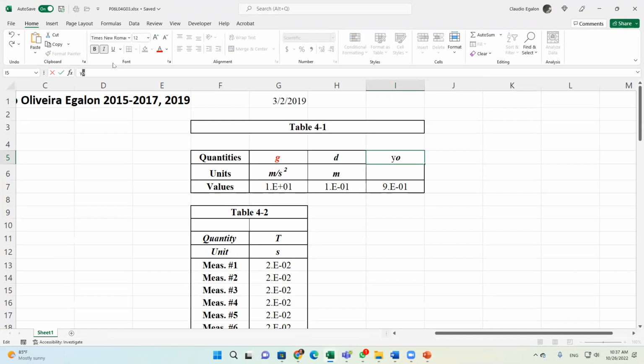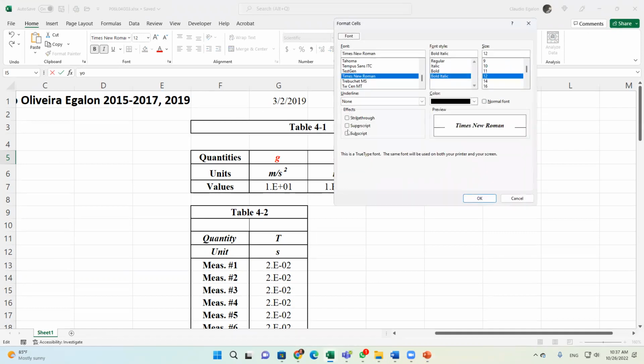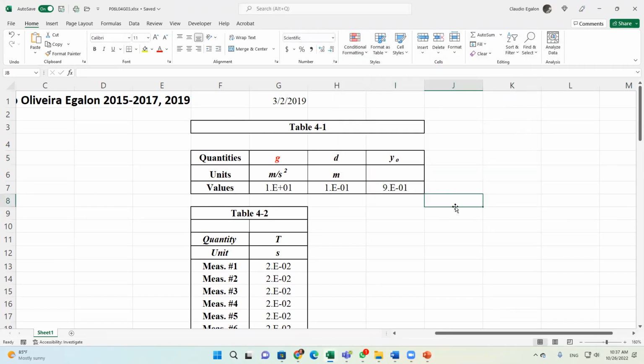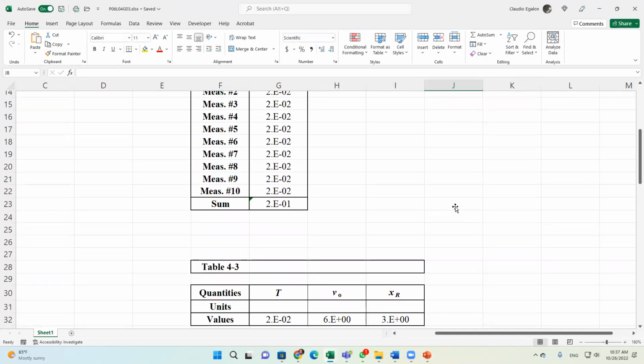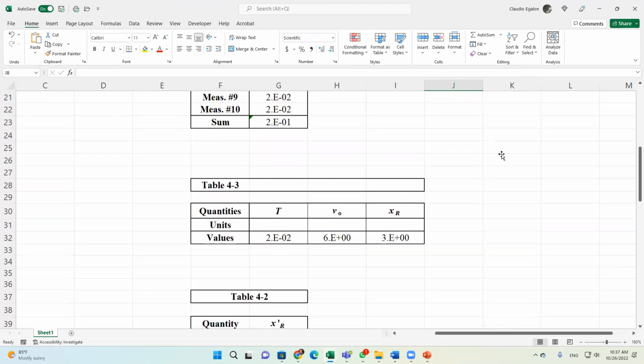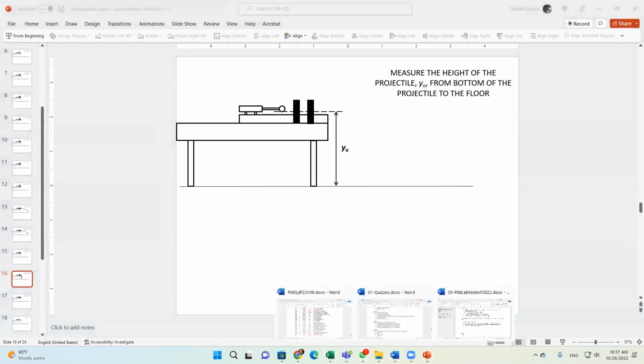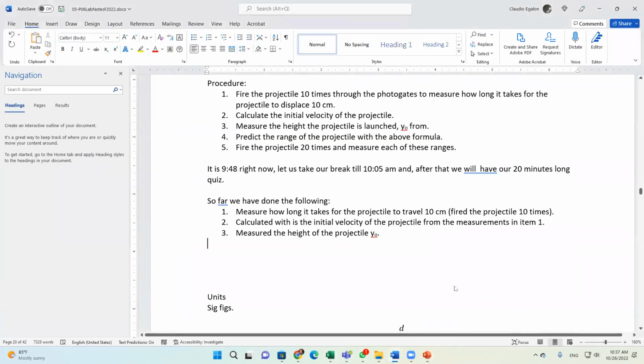So just fix that, the subscript. Calculate the initial velocity of the projectile from the measurements in item 1.